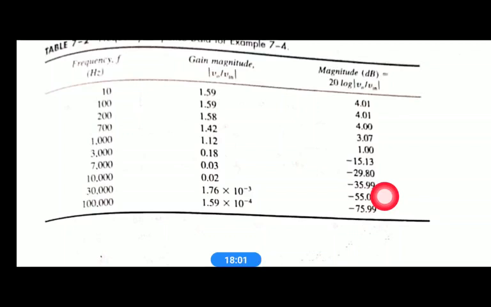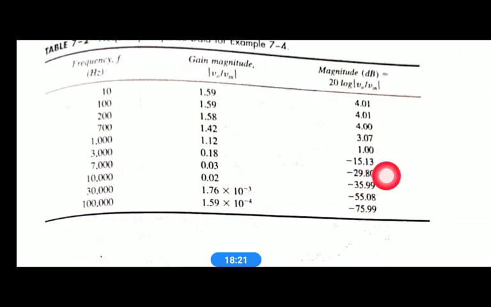In the first order filter, it is minus 6 dB per octave. Here it is doubled, minus 12 dB per octave. Approximately from 3000 to 7000, the frequency is roughly doubled, which is not exact.